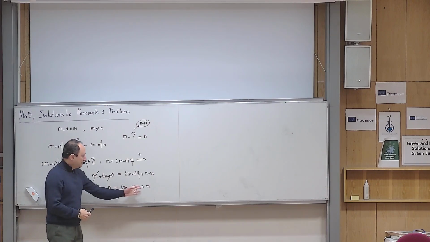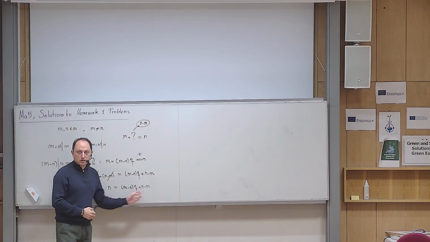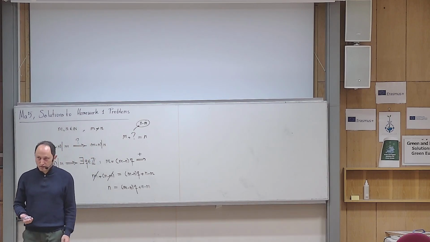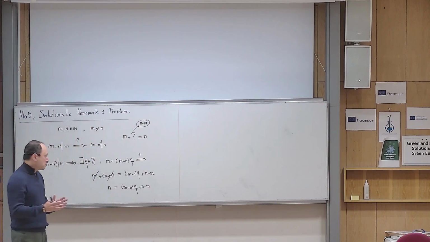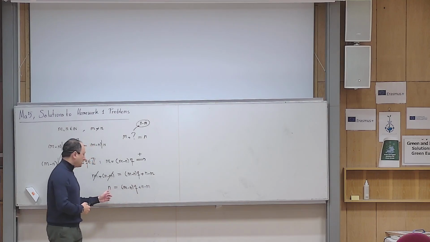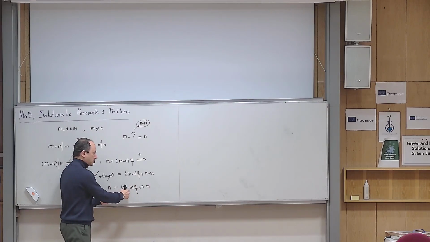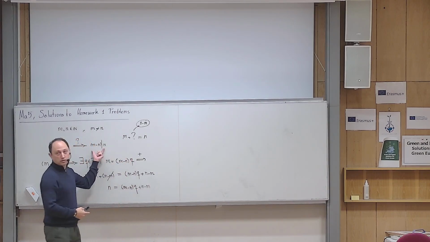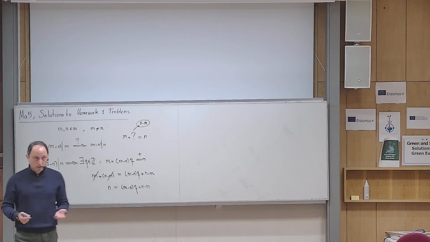It seems a little bit messy, but it is not hard to organize it now. Can you see that? I want to have m minus n times an integer on the right. Because I already have my n on the left. If I can have m minus n multiplied by some integer on the right, then the next step is that immediately I can conclude this. Do you see that or not?